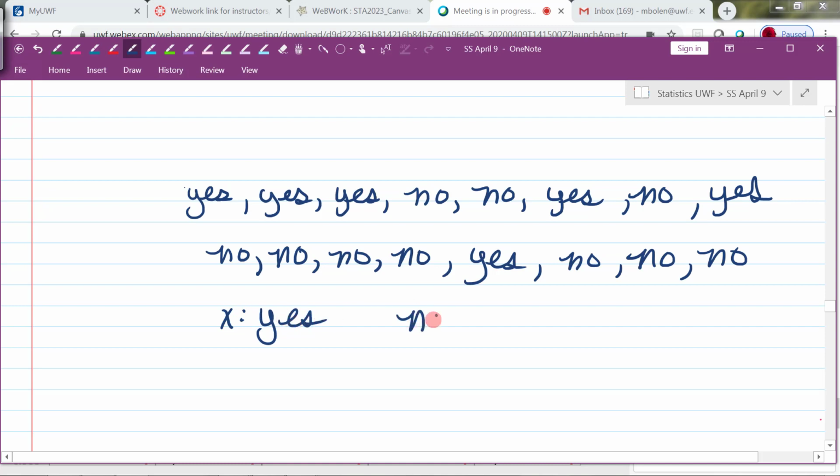Then N is equal to 1, 2, 3, 4, 5, 6, 7, 8, 9, 10, 11, 12, 13, 14, 15, 16. So N is equal to 16. My X is equal to 1, 2, 3, 4, 5, 6, so X is 6. Therefore, p hat is equal to 6 divided by 16.